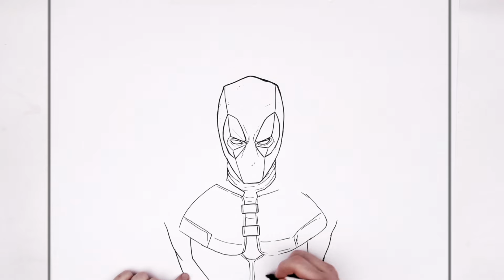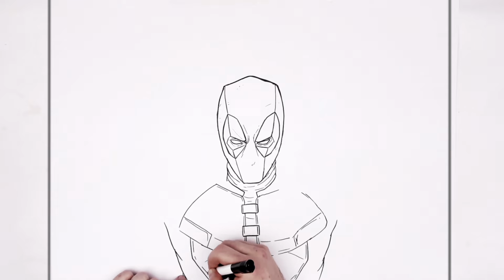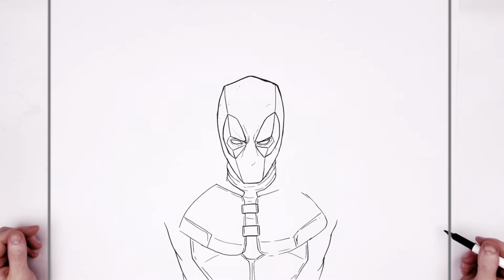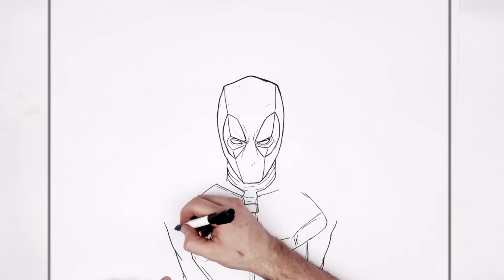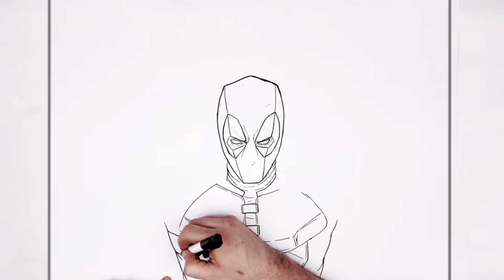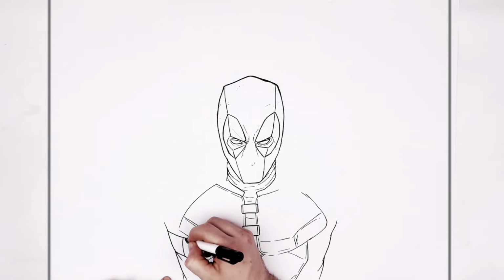I'm not sure if there's more detail there or less, but we'll add some abdominal muscles, maybe. Edge lines to the armor. Now, oh yeah, there are straps that come across here with buckles on them.